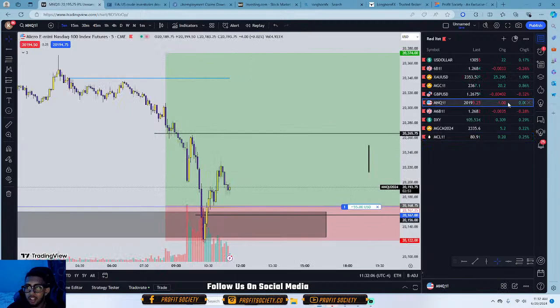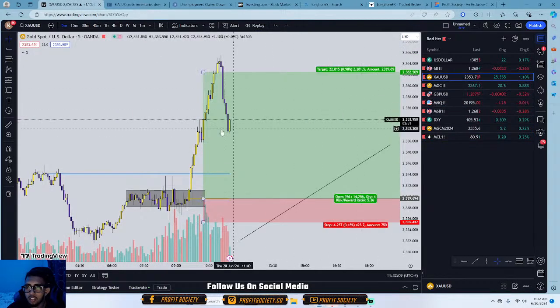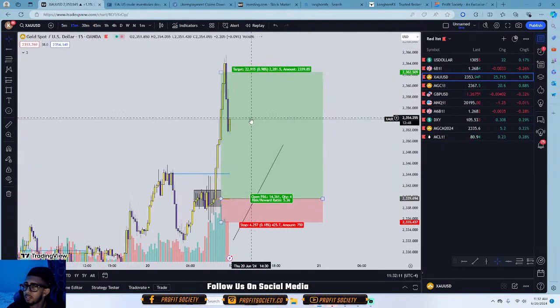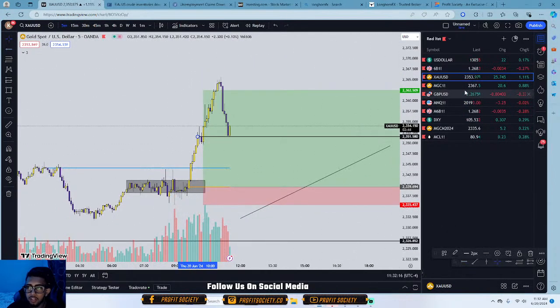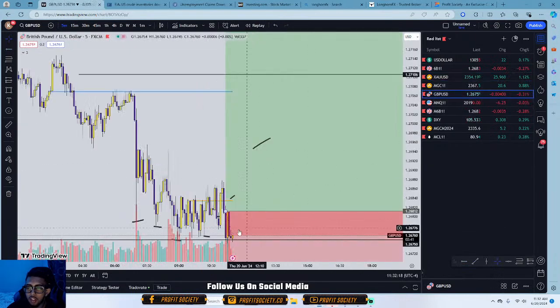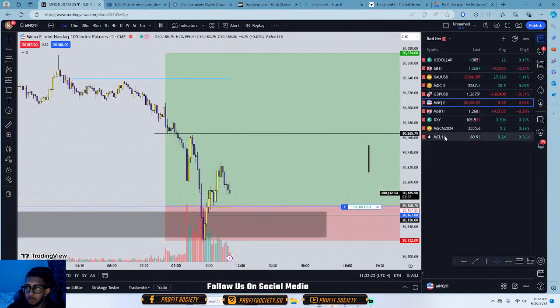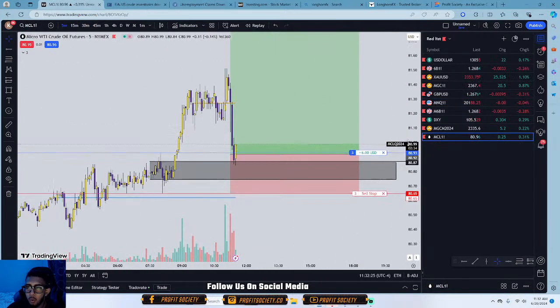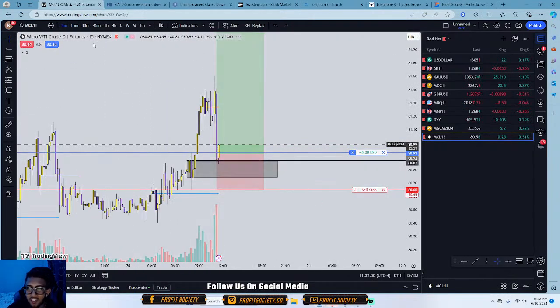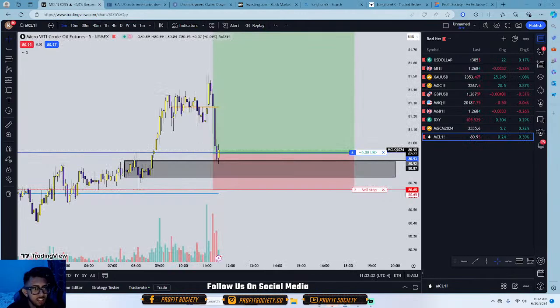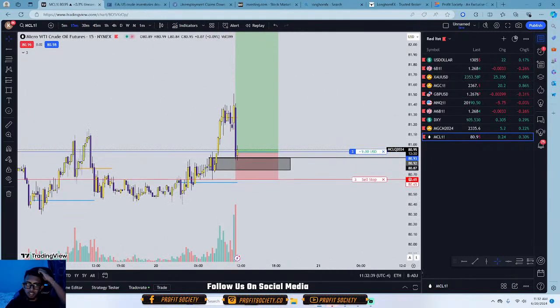Especially with NASDAQ continuing bullish, gold continuing bullish. I wouldn't be surprised if gold actually continues off of this little 5-minute retest over here as well. Obviously, currencies are taking their sweet time, but we moved on to the NASDAQ. We moved on to the oil, and now oil is in some profit. I do want to just see oil continue.